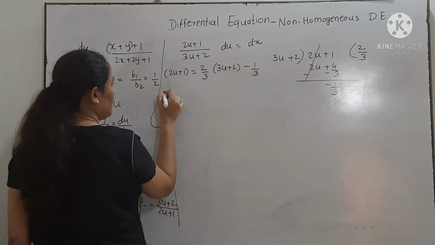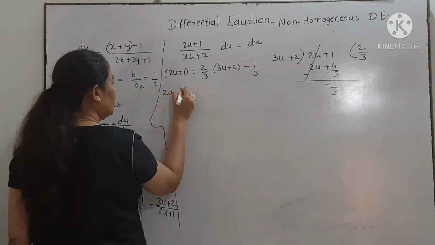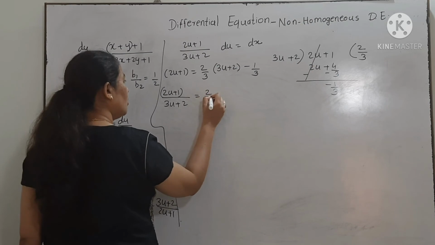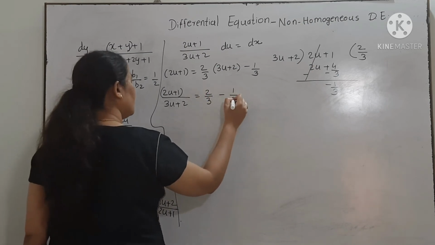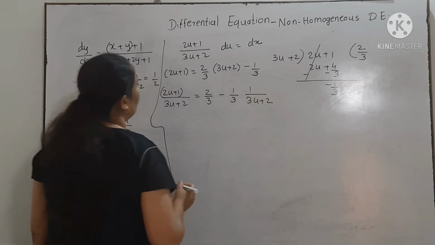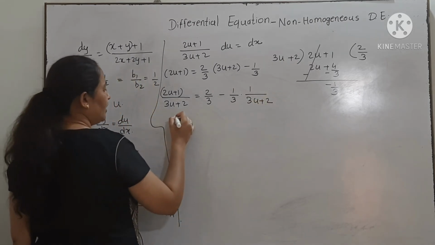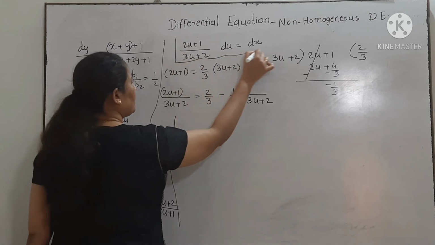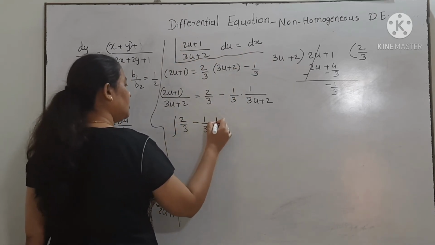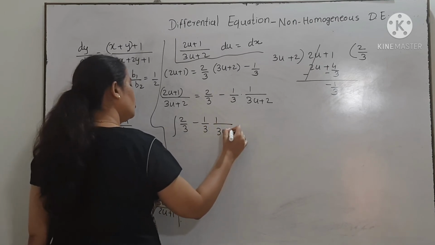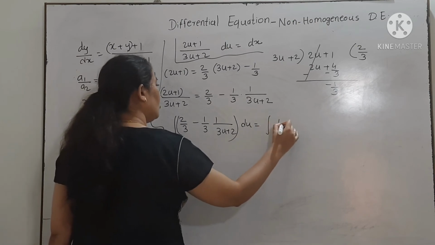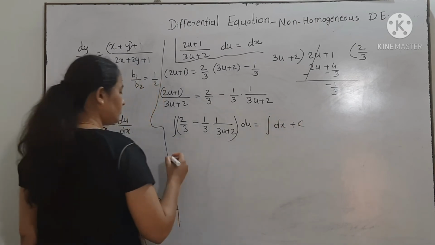So this will be 2u plus 1 divided throughout by the factor 3u plus 2 equal to 2 by 3 minus 1 by 3 into 1 upon 3u plus 2. If you substitute this value in the above equation, you will get integral of 2 by 3 minus 1 by 3 into 1 upon 3u plus 2 du equal to integral of dx plus c.